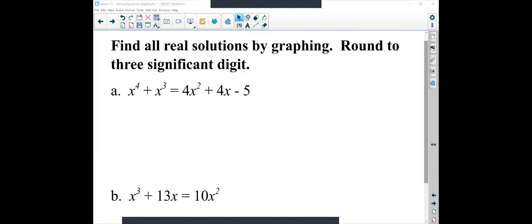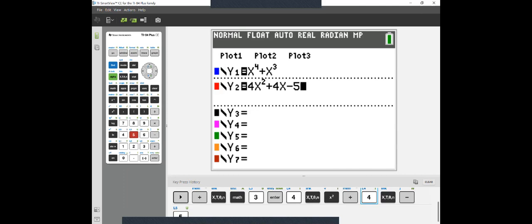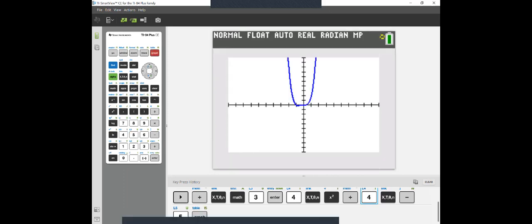All right, so share my calculator. A little bigger screen. There we go. So there are my 2 graphs. I love the color edition because it shows it in color, so it'll differentiate between the 2. And I use the normal window.